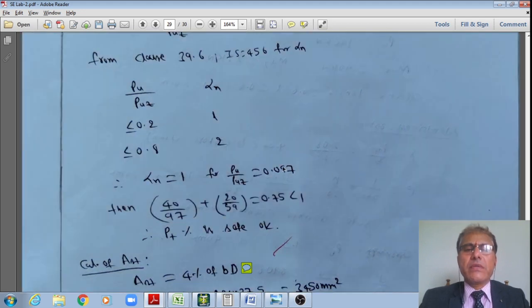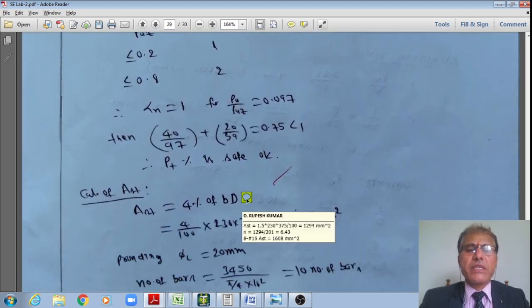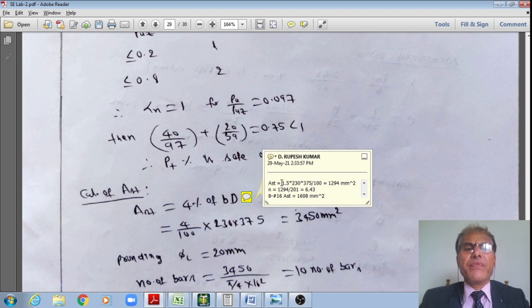Therefore, the proposed 1.5% of the steel is okay. Now I'll calculate the area of steel required: 1.5% multiplied by 230 multiplied by 375, it is 1294 mm square. Assuming 16 mm dia, each 16 mm dia will furnish 201 mm square.